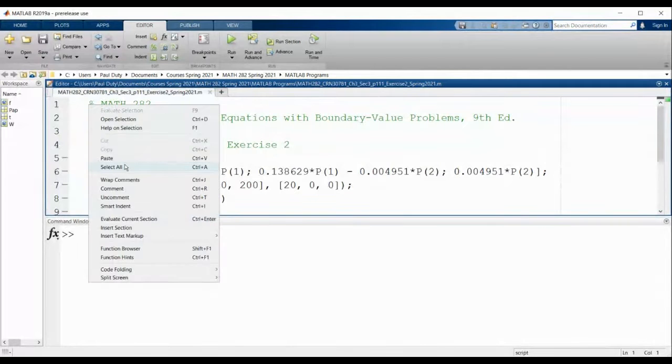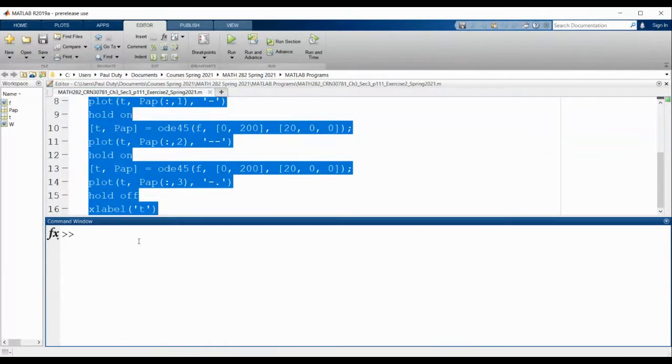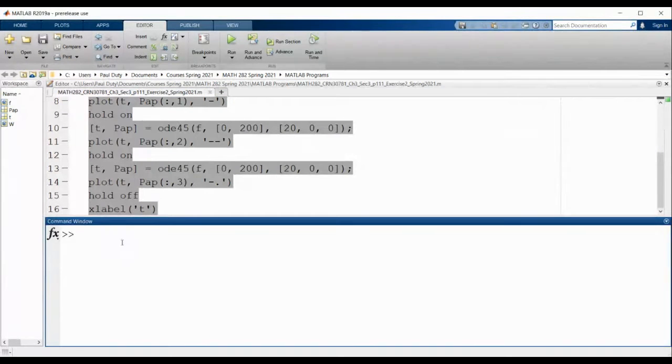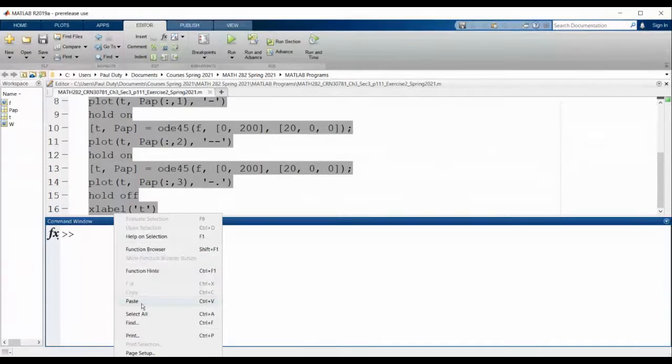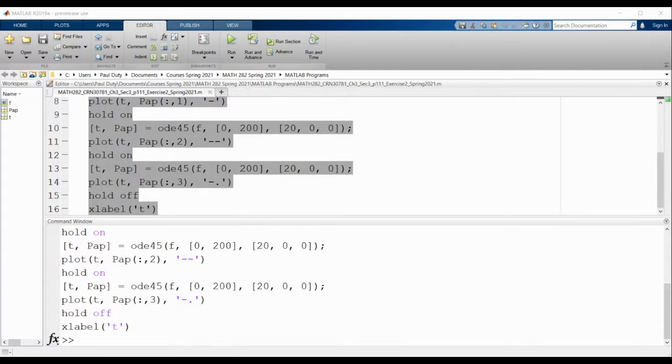So I'm going to do a select all. I'm going to do a copy. Okay. I'm going to paste it in the command line and hit enter. Now, if you go to your figure, there should be a figure produced.